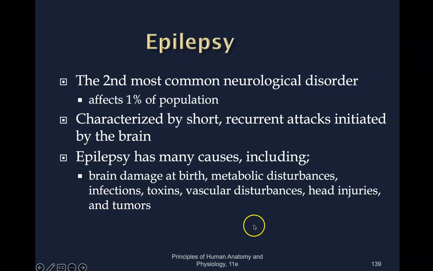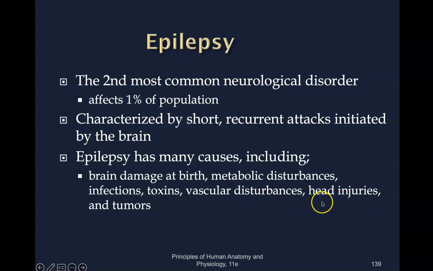Epilepsy is the second most common neurological disorder. It affects about 1% of the population. And as you can imagine, there are a lot of different causes of epilepsy. Sometimes it's brain damage. Sometimes it's metabolic disturbances, infections, toxins. Sometimes vascular disturbances, where you have issues with vascularization in the brain, or head injuries.